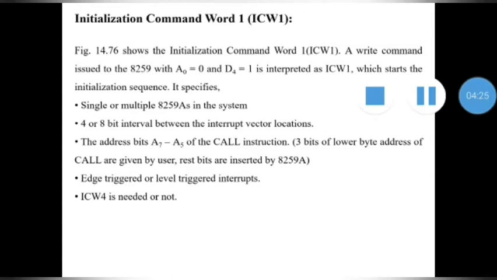It also specifies address bits A7 to A5 of the call instruction. It specifies edge trigger or level trigger interrupt, meaning whether your processor is using the edge trigger or the level trigger. Lastly, it specifies whether ICW4 is needed or not.